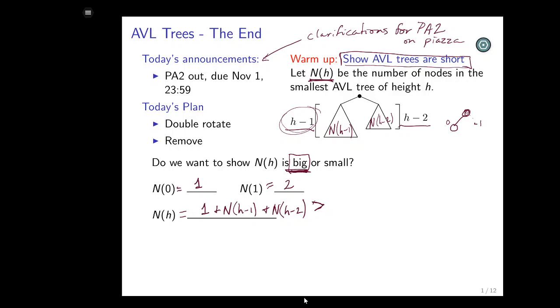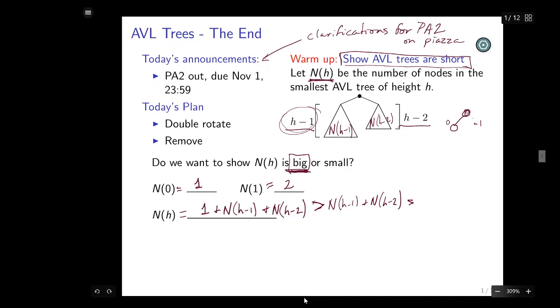Okay, we could do that. This is certainly bigger than n of h-1 plus n of h-2. That's definitely true. But I want even simpler: 2 times n of h-2.